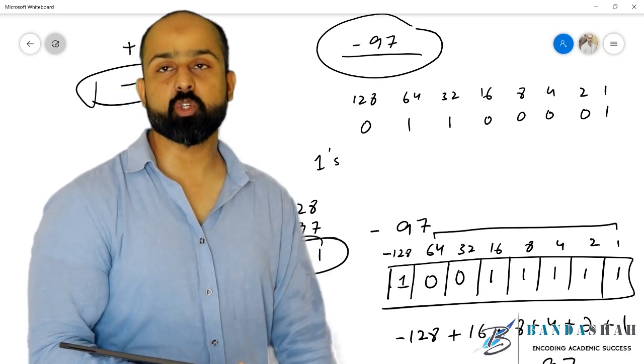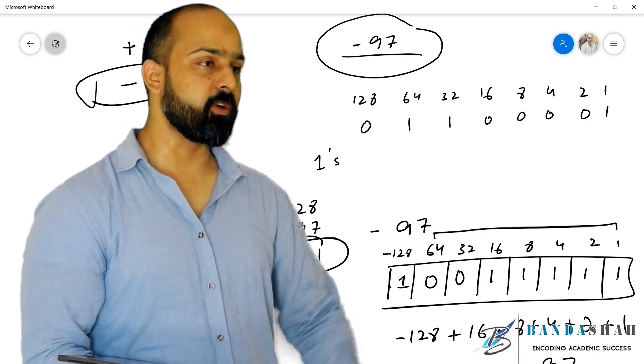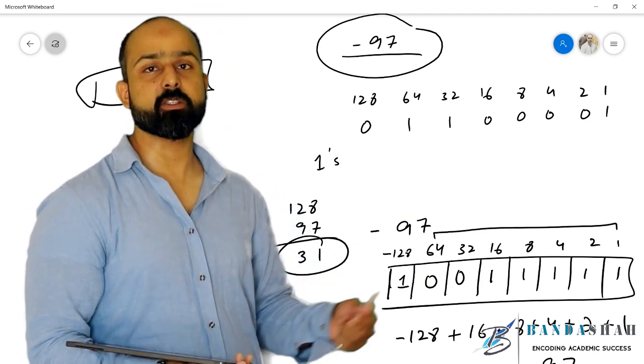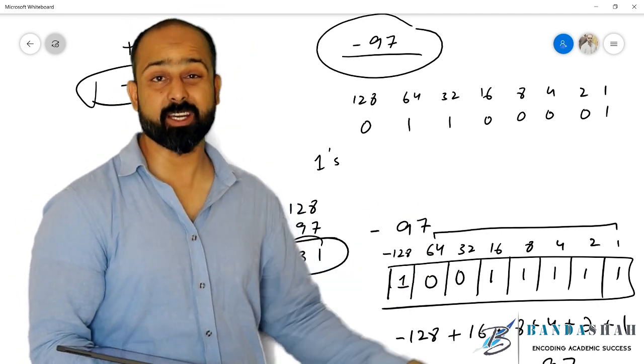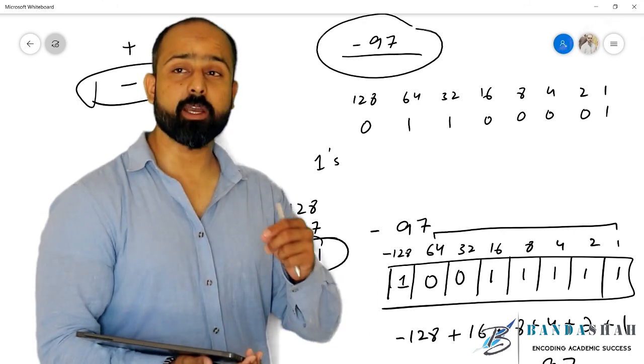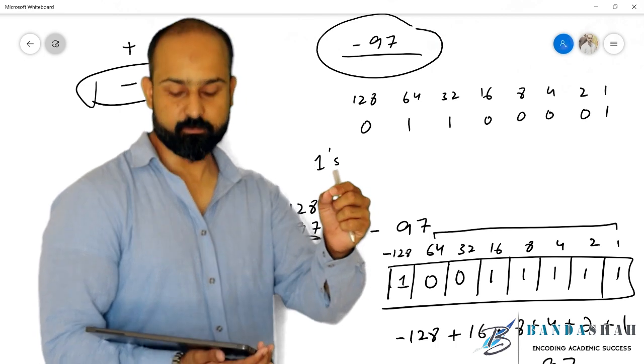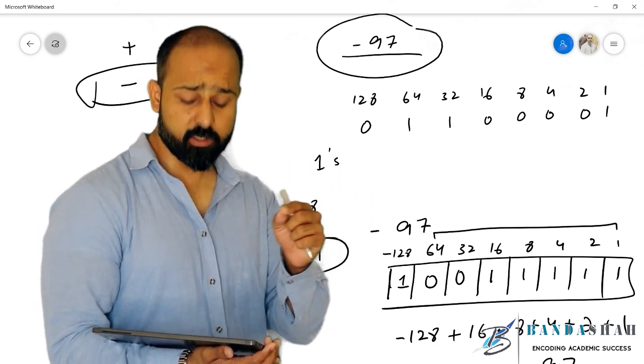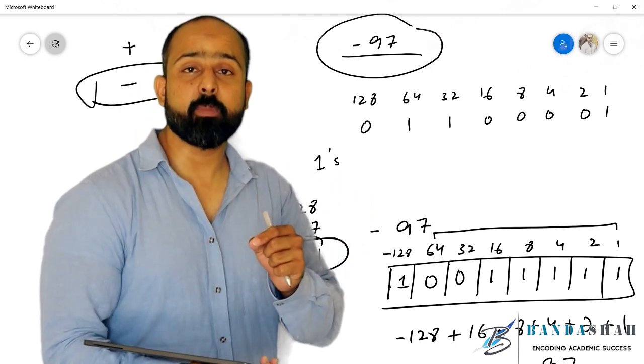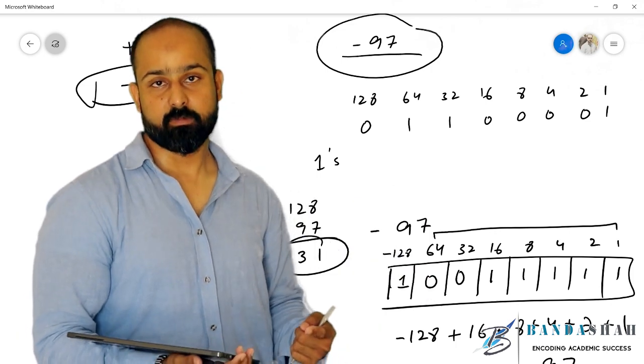Basically, when it comes to computers, if you study engineering or computer science and study circuits, you will come to know that to represent a negative number there is an actual circuitry. Computers represent negative numbers by adding values.